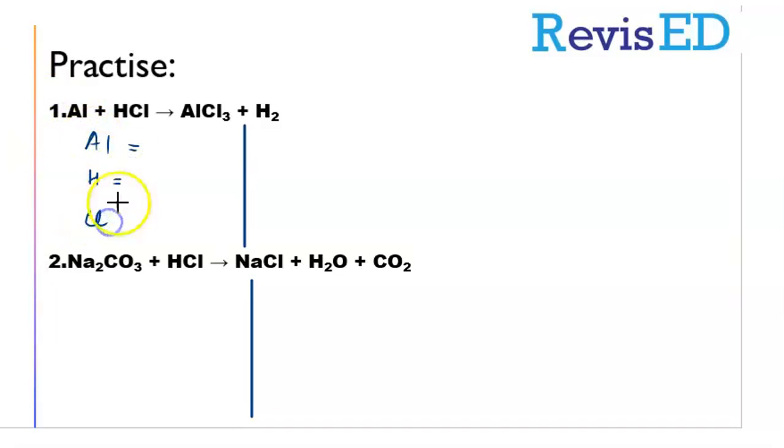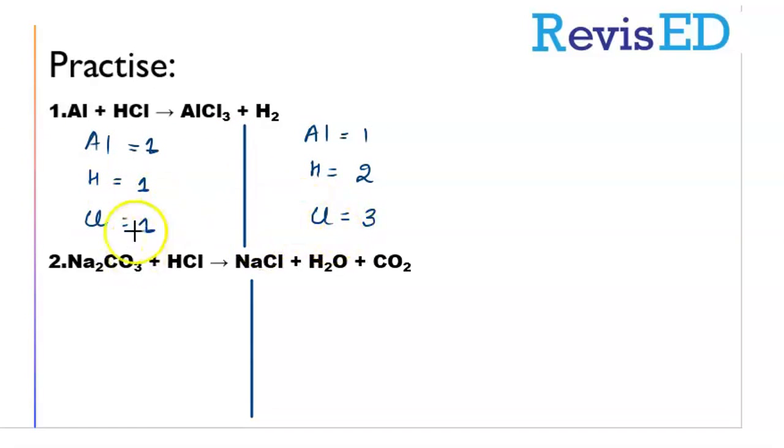Now first write the elements on the LHS, the elements you are having. So you are having aluminium 1, hydrogen 1, chlorine also 1. On the right hand side, aluminium is 1, hydrogen is 2, and chlorine is 3. Now how are we going to balance it? See what is unbalanced.